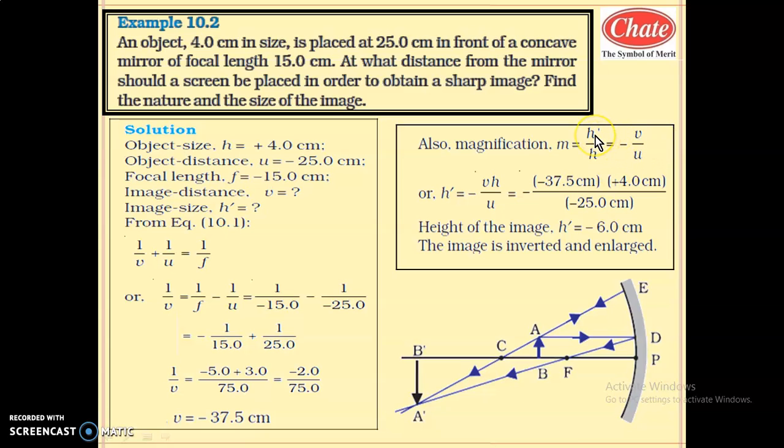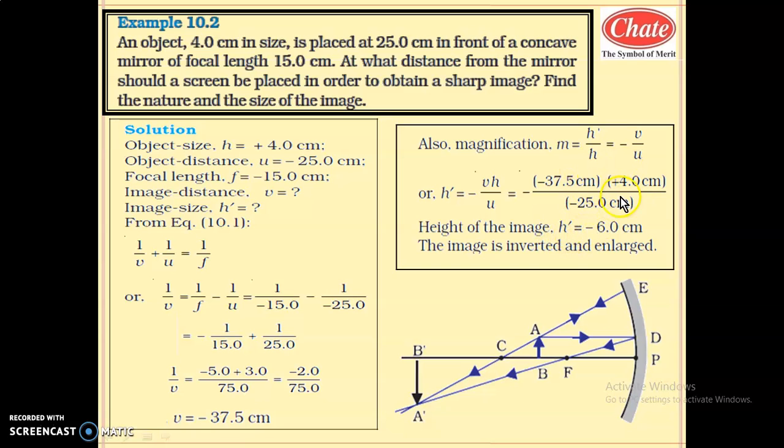So what is the formula for H dash? H dash becomes minus V by U into H. So V value is minus 37.5, H is 4 centimeter and U is minus 25. So this minus minus become plus. Plus minus is minus. So H dash will be negative.